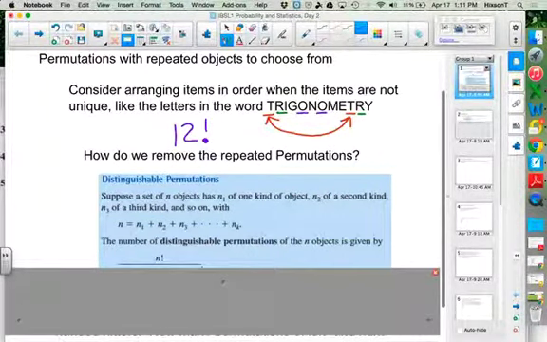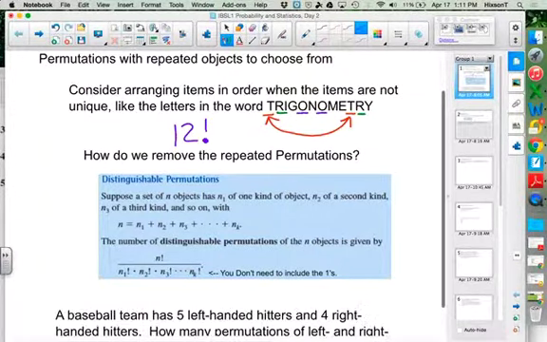We're going to take this n factorial over n1 factorial, n2 factorial, n3 factorial, all the way up to nk factorial. That tells us how many of each different item there are.